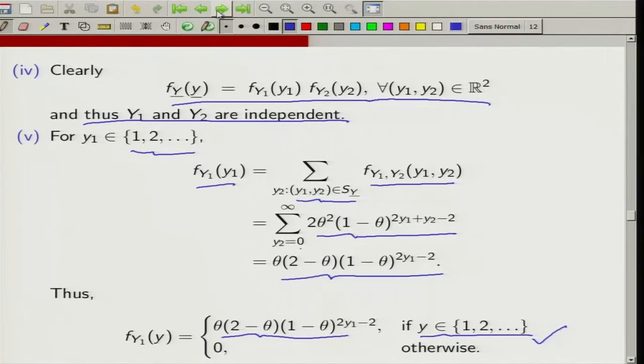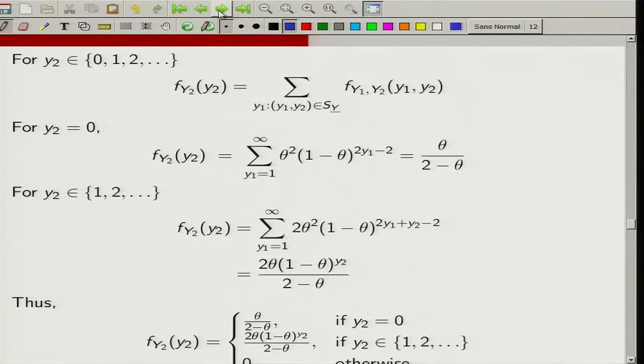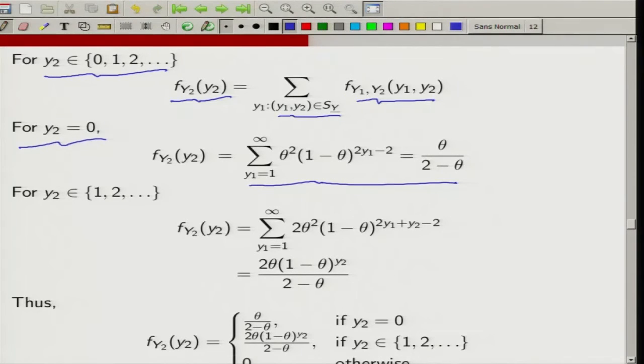Now, similarly, one can get the marginal of y2. So, for y2 belonging to 0, 1, 2, and so on, I have to get the marginal of y2 from the joint PMF of y1, y2. So, in this case I sum out the unwanted variable, which is y1. So, I have to sum over all y1 such that (y1, y2) belongs to S_Y. Now, in this case, for y2 equal to 0, I know that y1 can go from 1 to infinity, which gives this quantity.